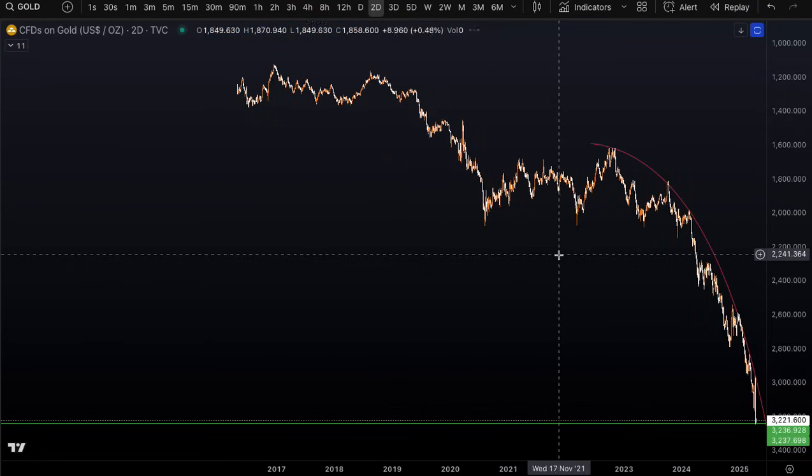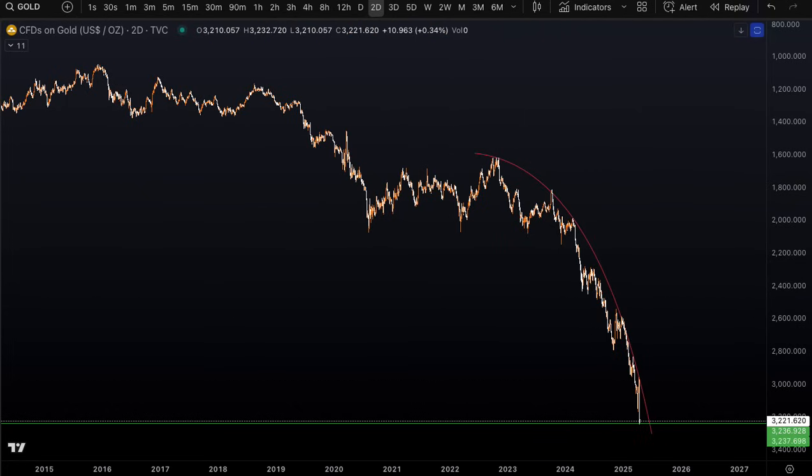And I think this might be a better way to illustrate what I'm trying to get at, which is the value of the dollar versus gold. This is just the inverted gold price. And you can see that this thing is like a waterfall over the past 12 months. This is just insane.